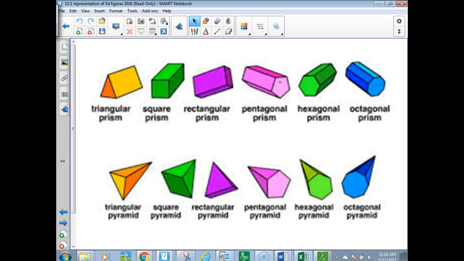This one's a pentagonal prism because its base is a pentagon, hexagonal, octagonal, etc. These are the same figures except in pyramid form. Triangular pyramid, square pyramid, rectangular pyramid named by its base, pentagonal pyramid named by its pentagon base, hexagonal, octagonal. Okay, and then they're pointy.